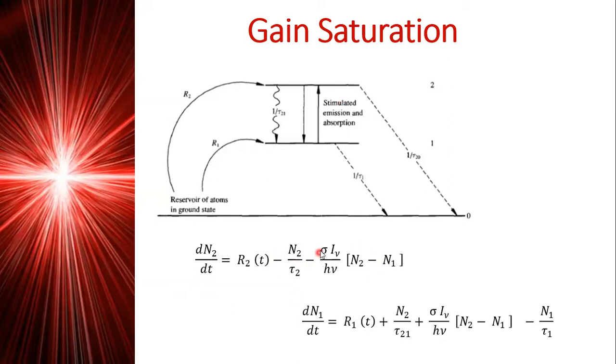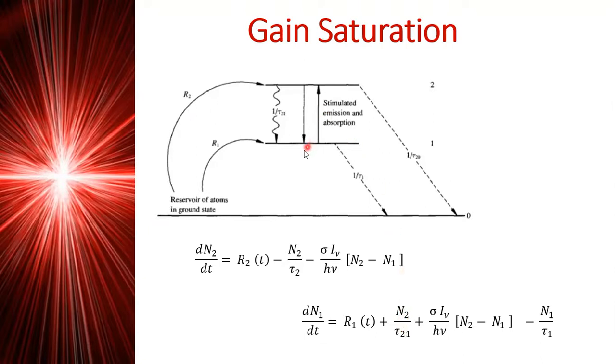Similarly, for energy level number one, we say that dN1/dt is equal to R1(t), which is the injection rate from the ground state to the E1 state. Again, it's a positive sign because it adds positively. Then we have the spontaneous emission dropping from E2 to E1, which of course adds to the population of E1, so it's plus N2/τ21.